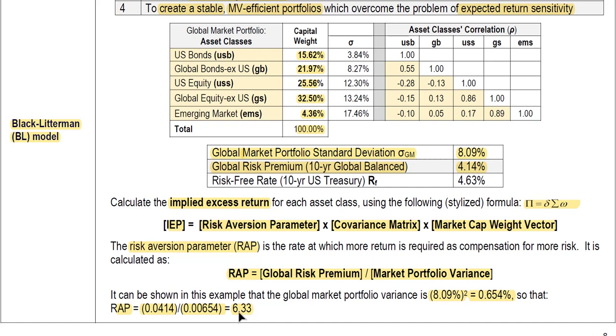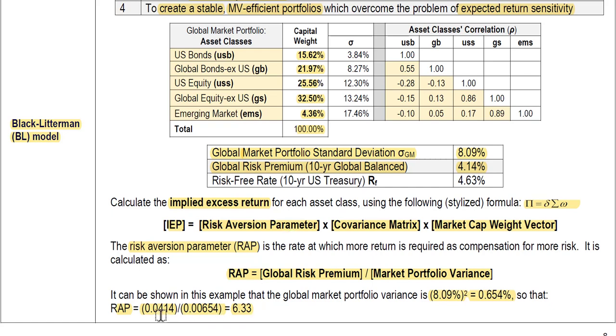All right, this would be a number. So for every unit of risk in the global market, the investor requires a premium 6.33 times higher to compensate for that risk. So this we call the risk aversion parameter.